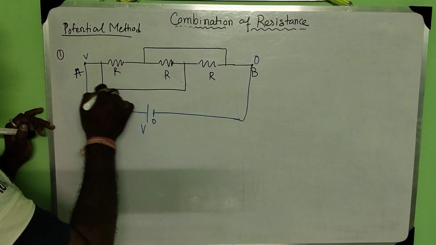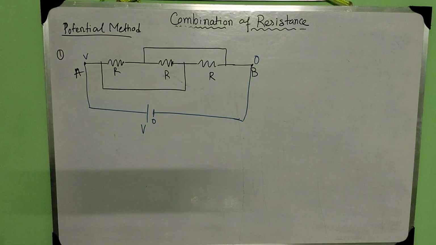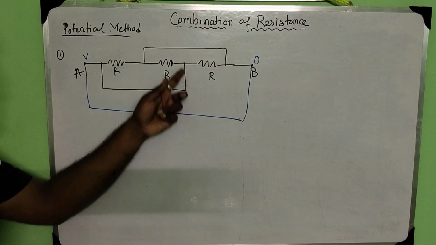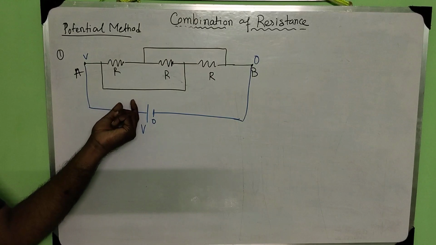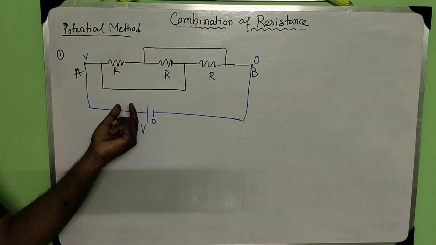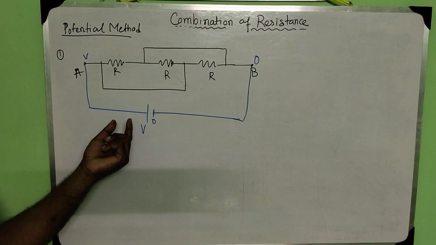Now if there is no element connected in the circuit, see in this path there is no resistance, no capacitance, no inductor. Inductor we will study in the next chapter.